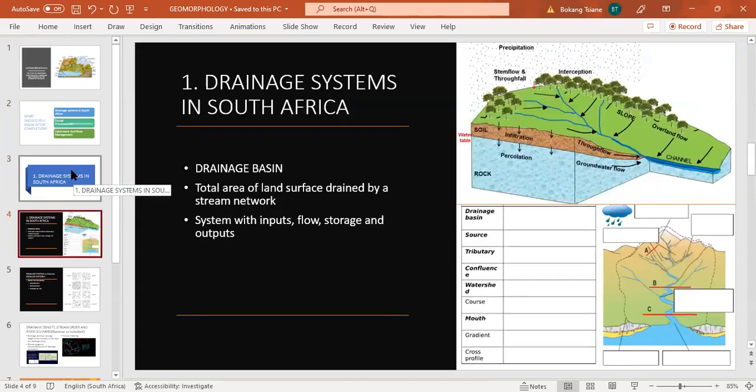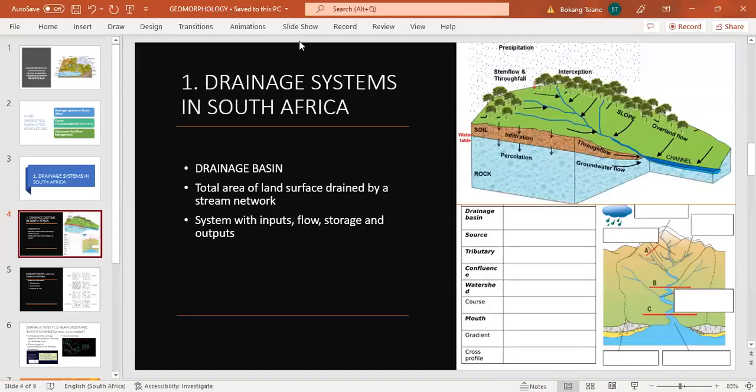Before we start, the most important thing with this topic or chapter is the definitions. There are so many definitions that you will come across, and some of the definitions are similar to each other. So you need to pay special attention to the definitions.